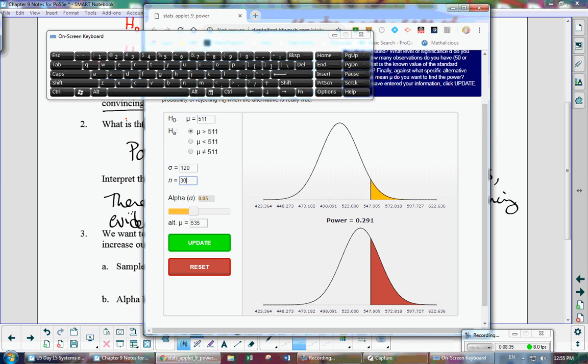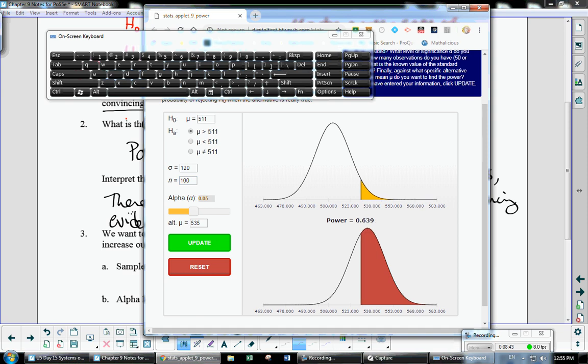If we ran this up to even, let's say, 100 students, you've now jumped your power, your probability, up to 63%. And the power is the one down the bottom. Part of that, again, is because we're asking what's the probability that the mean we're seeing is actually the true mean. So now we've got roughly 63% of the area over on the other side of that.